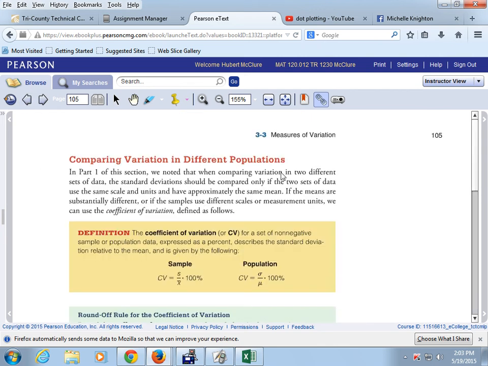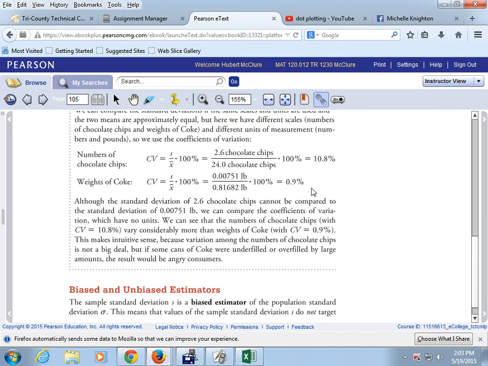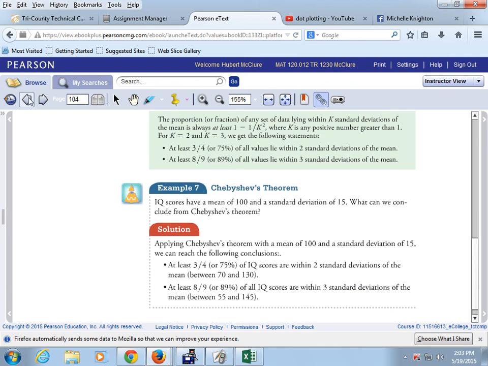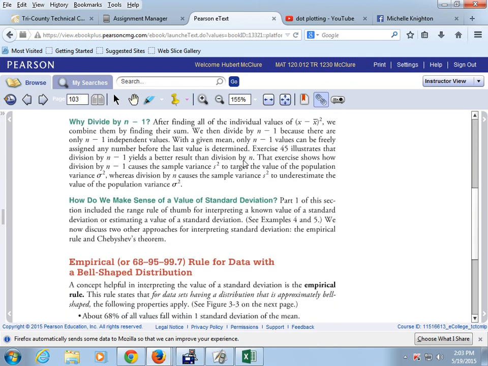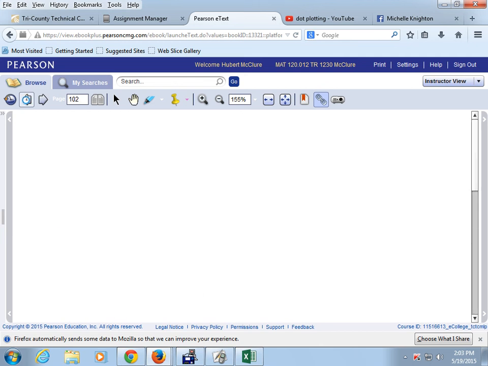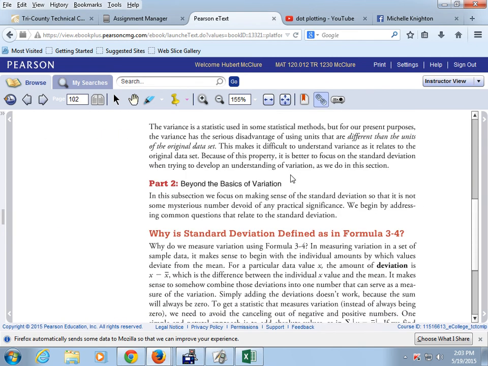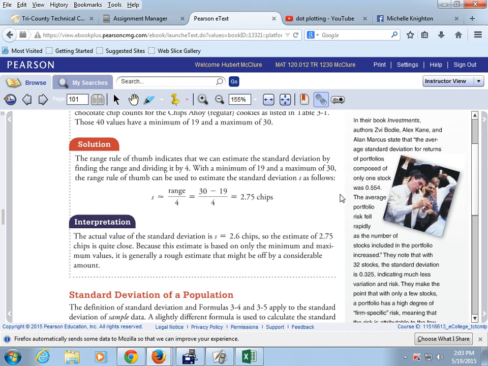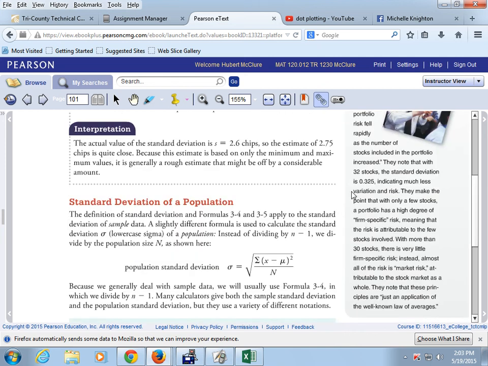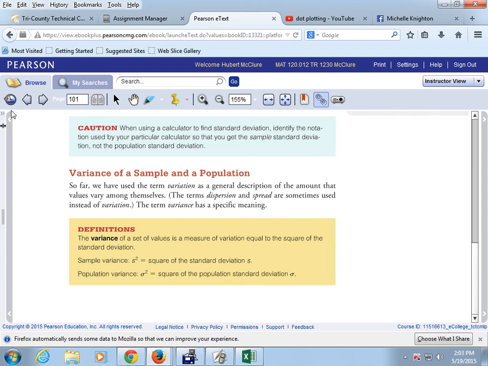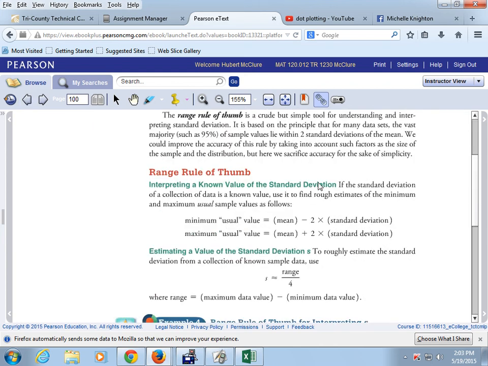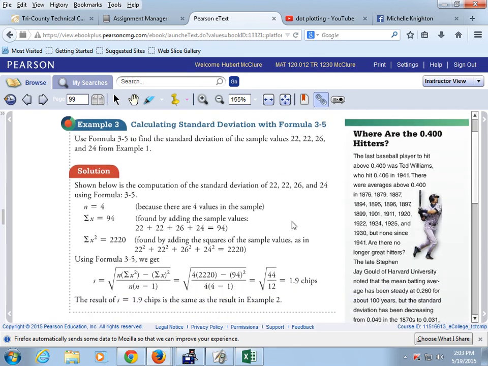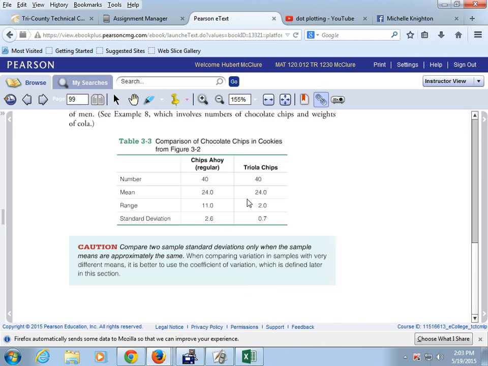That's the standard deviation of the population. We've already covered that.